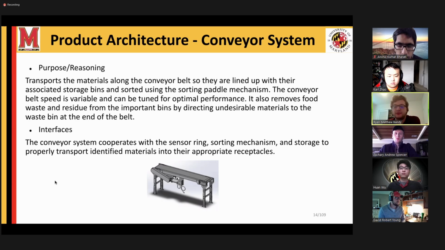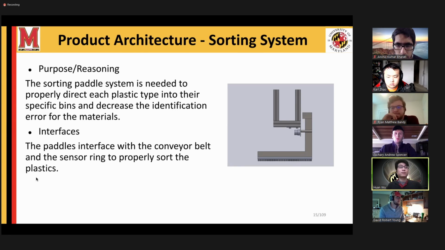The conveyor system cooperates with the sensor ring, sorting mechanism, and storage to properly transport identified materials into their appropriate receptacles. The sorting system is needed to properly direct each plastic type into its specific bin and decrease the identification error for the materials. The paddle interfaces with the conveyor belt and the sensors to properly sort the plastics.